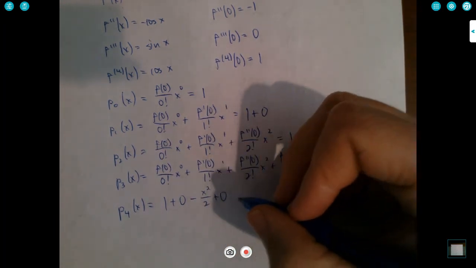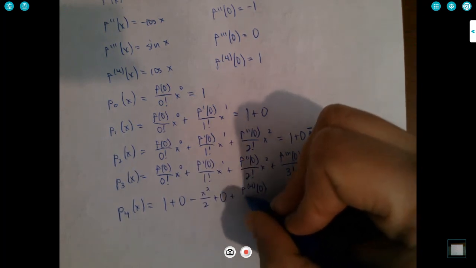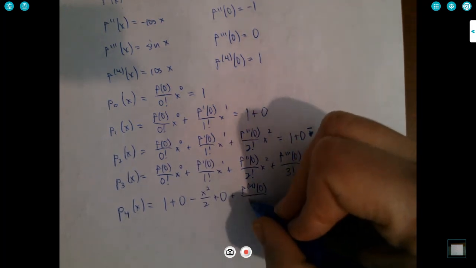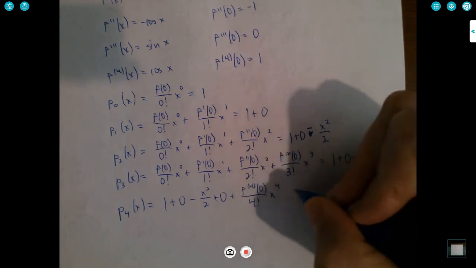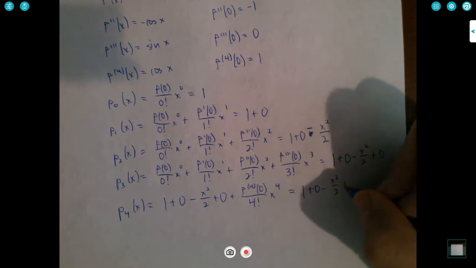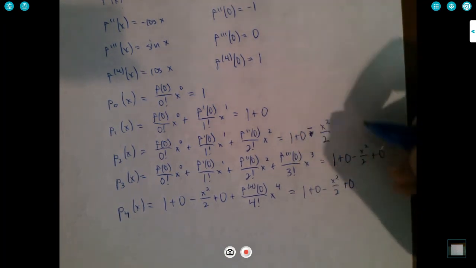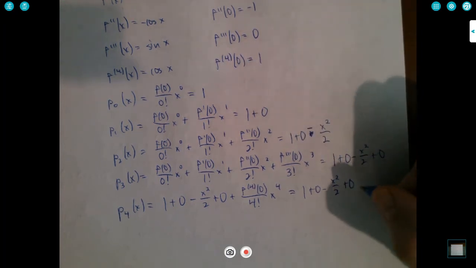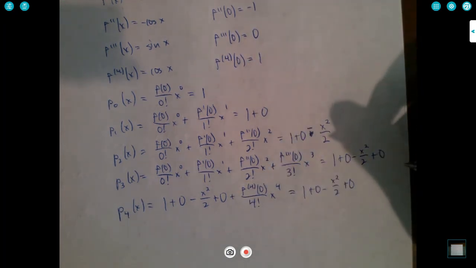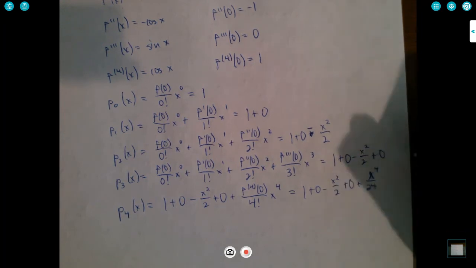And then I'm going to have a plus f fourth derivative evaluated at 0 divided by 4 factorial times x to the fourth. And the fourth derivative is 1. 4 factorial is 4 times 3 is 12 times 2 is 24. So it's going to be plus 1 over 24 x to the fourth. So maybe I'll just call it x to the fourth over 24.